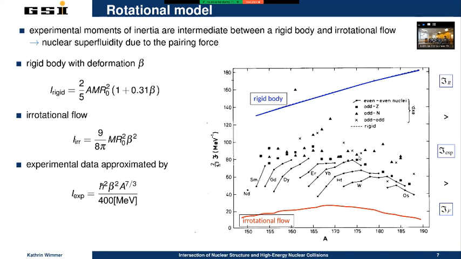And you see that all of the experimental data is approximately in the middle of that with some variation. So the nucleus is neither rigid nor liquid.